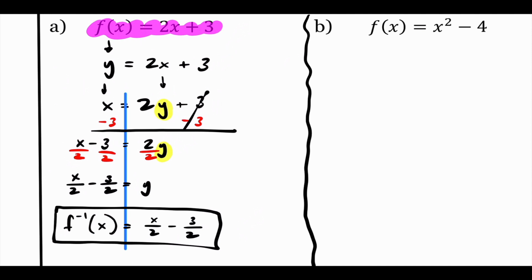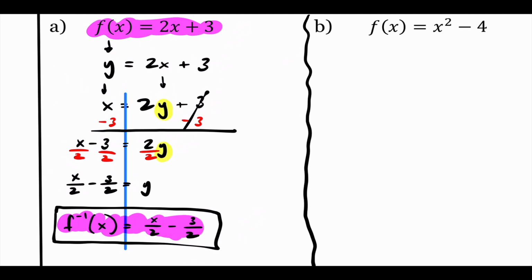Okay, I'm going to highlight the original and my answer, the inverse. I'm going to look at what we notice. What operations did the original have? 2x plus 3. What two operations does that have? Addition, multiplication, right? So what's the opposite of addition? We have subtraction.